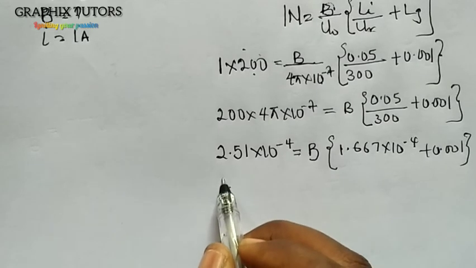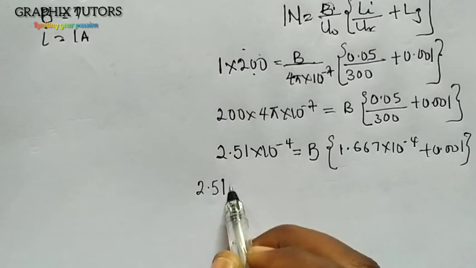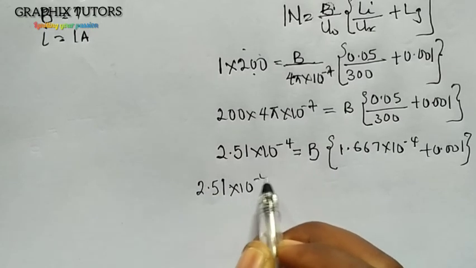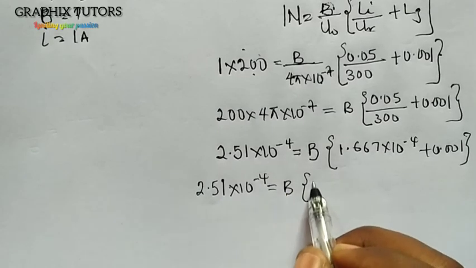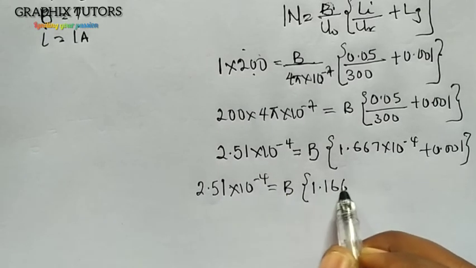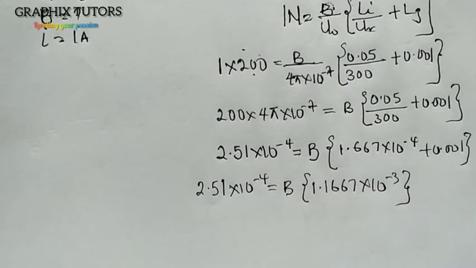From here, first of all, we have 2.51 times 10 raised to the power minus 4 equal to B into brackets 1.1667 times 10 raised to the power minus 3, right?